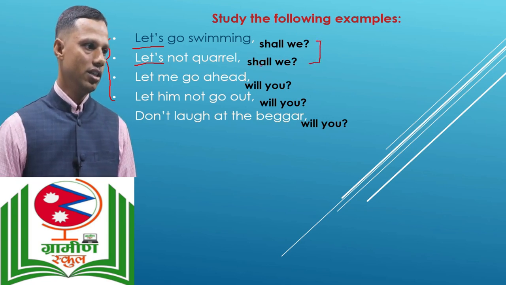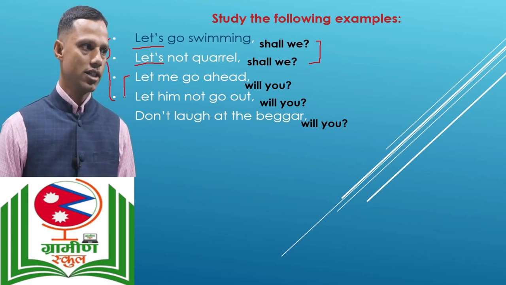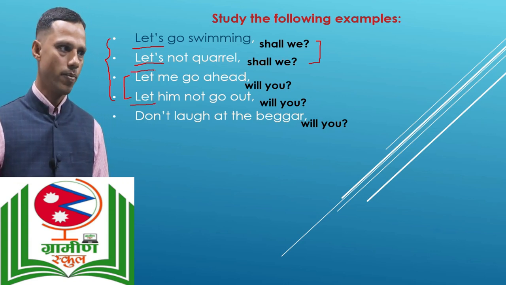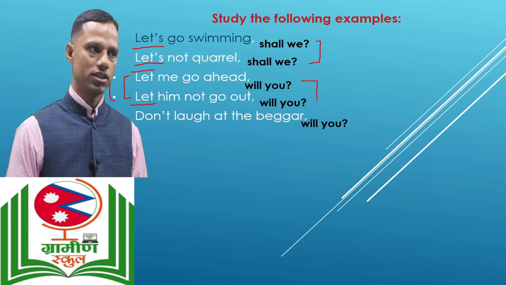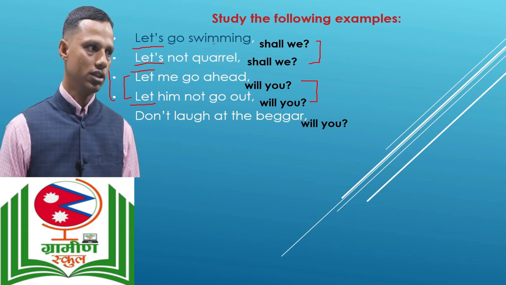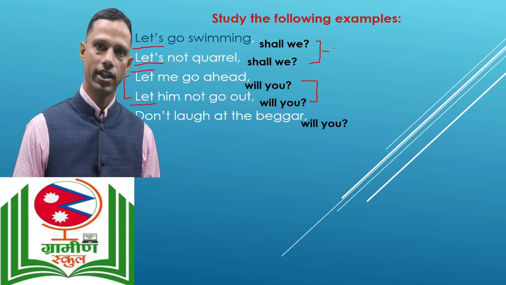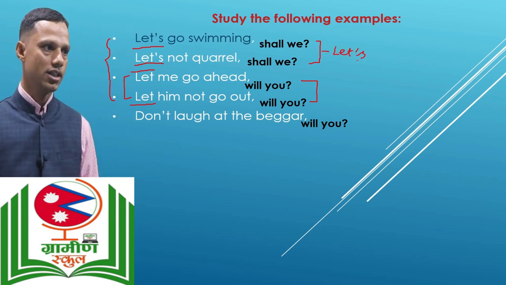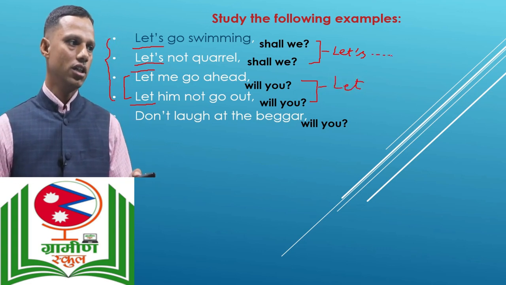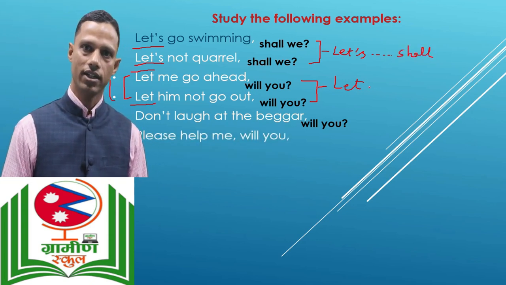Then let us see the third and fourth, the sentences that begin with only let. Let me go ahead. Will you? Let him not go out. Will you? The first and second and the third and fourth have some differences. The first and second sentences begin with the word let's, and the third and fourth sentences begin with let. So when the statement begins with the word let's, then you can make the question tag shall we.